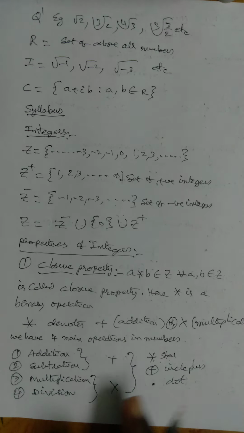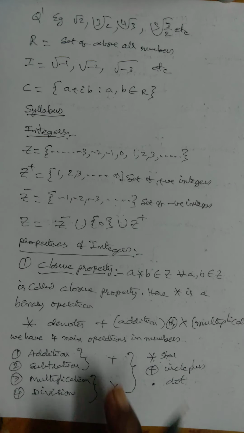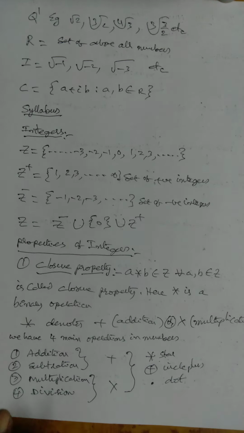So star means either plus or into. Why do we use the plus symbol for both addition and subtraction, and the into symbol for both multiplication and division?